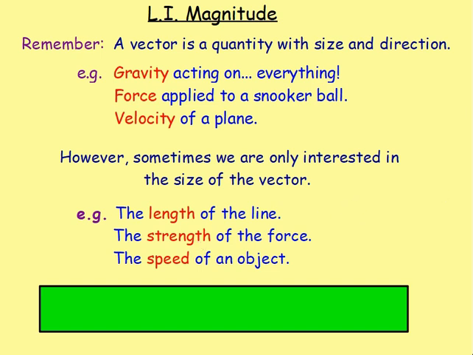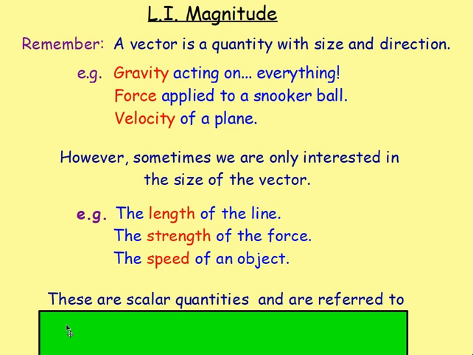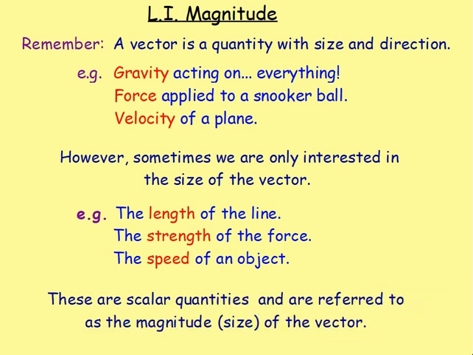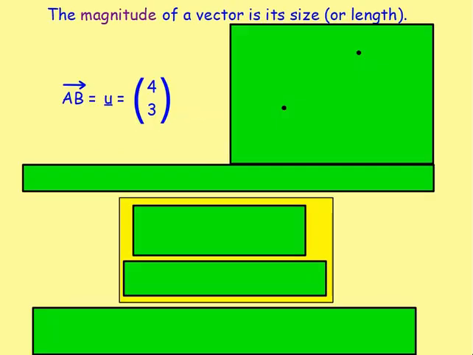So if we are only interested in the size and not the direction, well, what we would have then is a scalar quantity. A scalar, remember, is a quantity with a size but not a direction. So if we have a vector but we're not interested in the direction, then that number associated with that will represent just its size. Or in other words, its magnitude. The magnitude is the size of the vector.